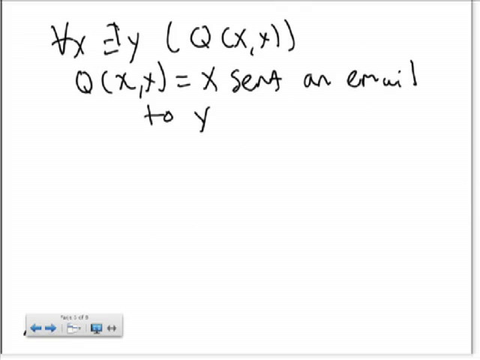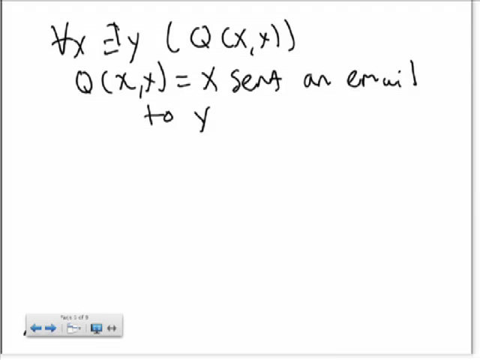Alright, so here's another one. This time we're given for all x, there exists some y, Q(x, y). We're letting Q(x, y) equal x sent an email to y. So what we're saying here is that for all x, there exists some y such that x has sent an email to y.